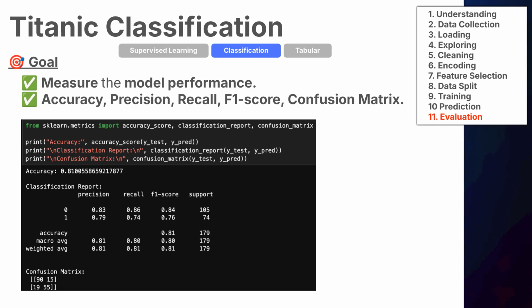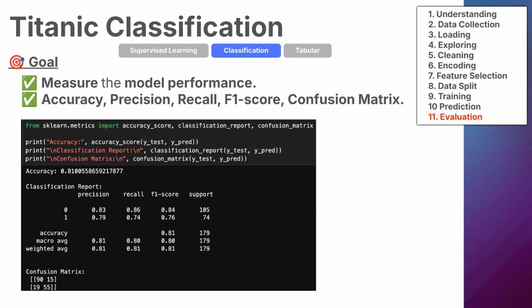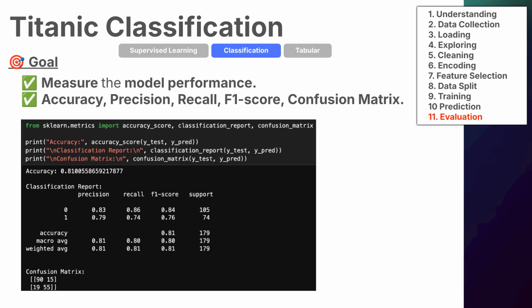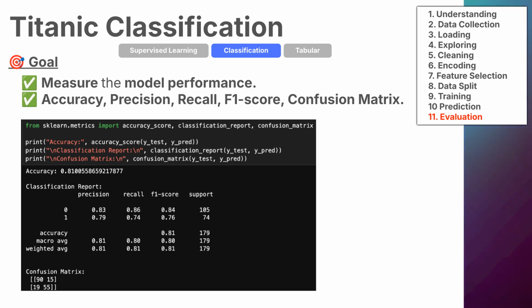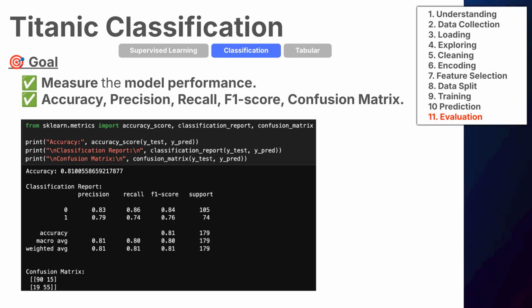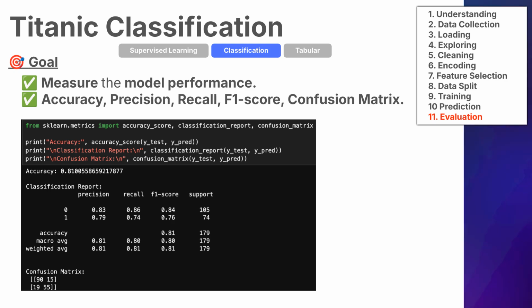In the classification report, support is the number of samples. Macro average is the unweighted average of precision, recall, and F1 score across all classes. It treats all classes equally regardless of how many samples they have. Useful when you want to know how the model performs per class without bias toward larger groups. Weighted average is the average of metrics weighted by the number of support, meaning the number of samples in each class.